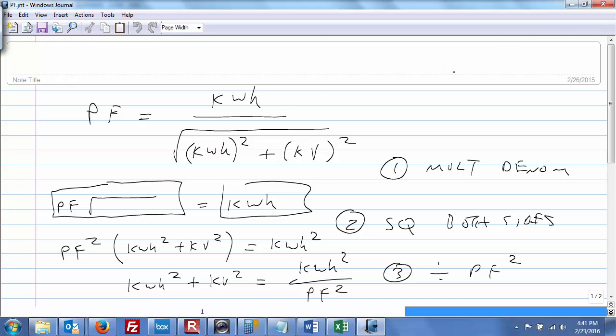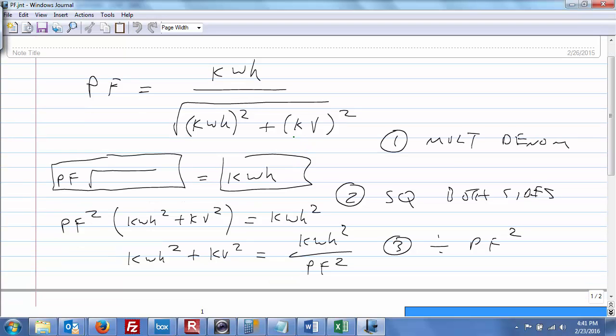I don't know if this is the way you've seen it in the other class or not. But this is the apparent power. This is again the real.